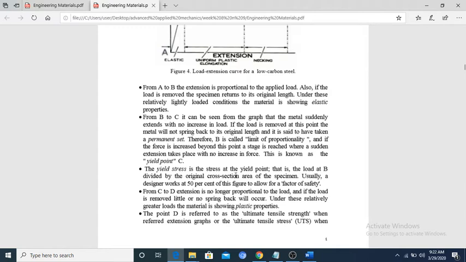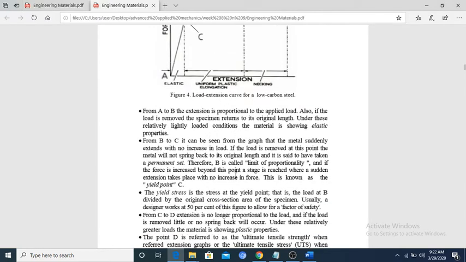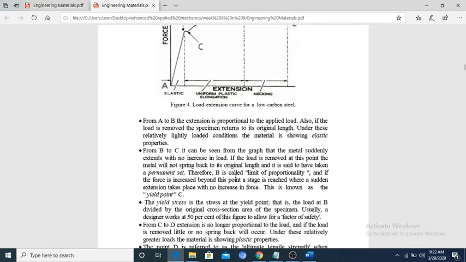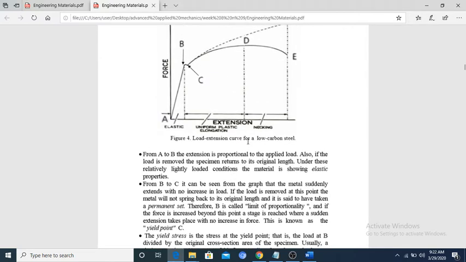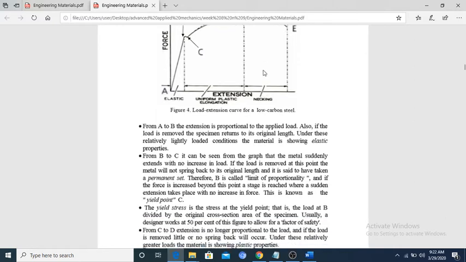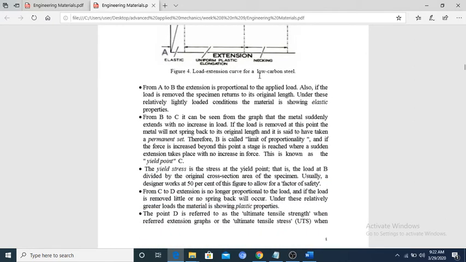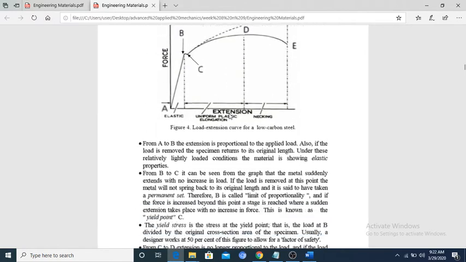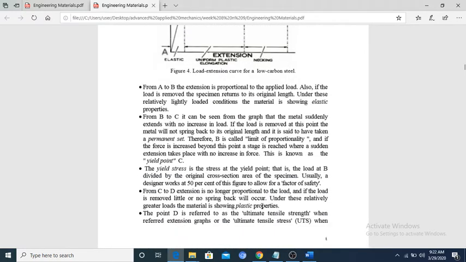From C to D, the extension is no longer proportional to the load, and if the load is removed, little or no spring back will occur. Under these relatively greater loads, the metal is showing plastic properties, so it will not go back to its original condition. Point D is referred to as the ultimate tensile strength.